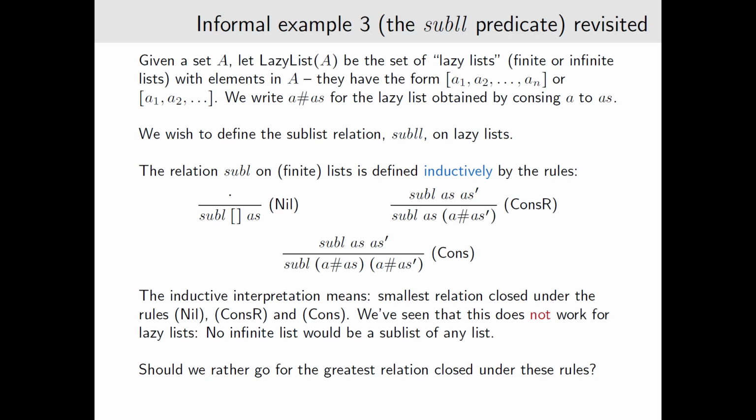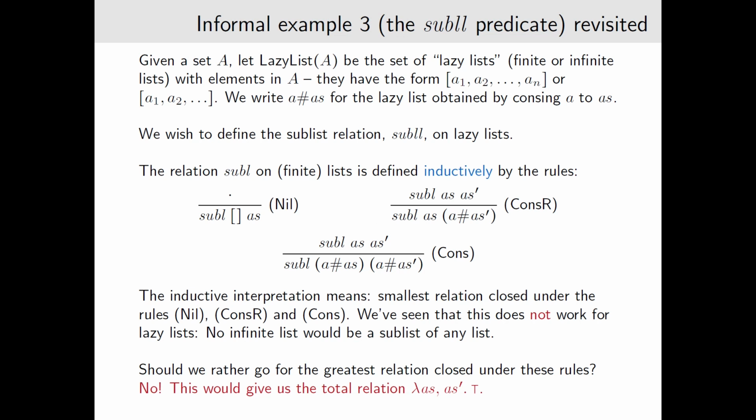Now, what does the coinductive interpretation mean? Shall we define the greatest relation, instead of the smallest relation, that is closed under these rules? And as you would imagine, the answer is no. The greatest relation closed under these rules is kind of trivial.